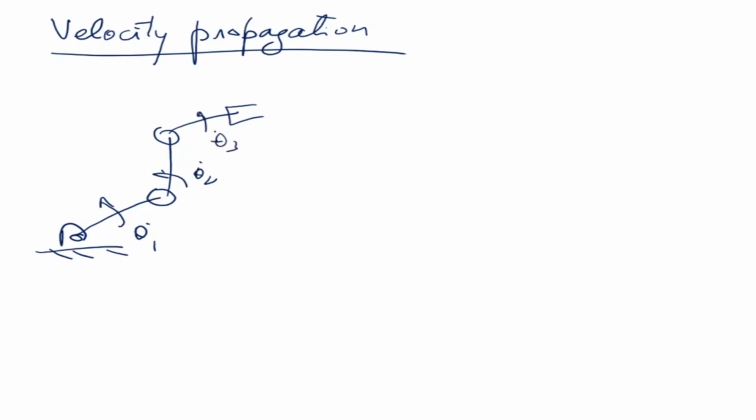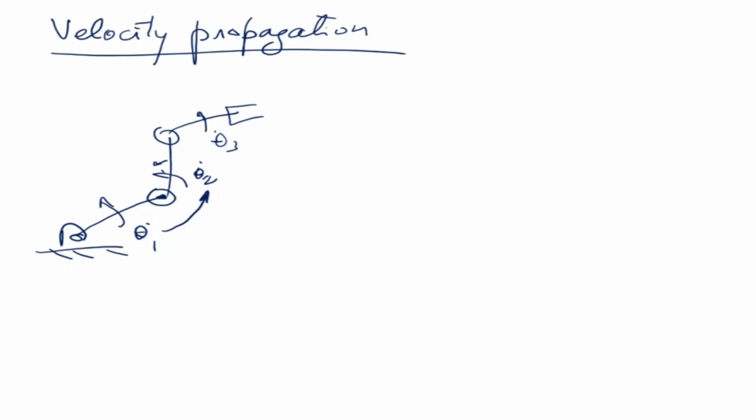Because there is an angular velocity here, this joint will be subjected to an angular velocity as well as a linear velocity. So this velocity will start propagating in this direction. This link number 2 will have its own velocity, which is theta 2 dot, plus the velocity of the previous joint, which is theta 1 dot.